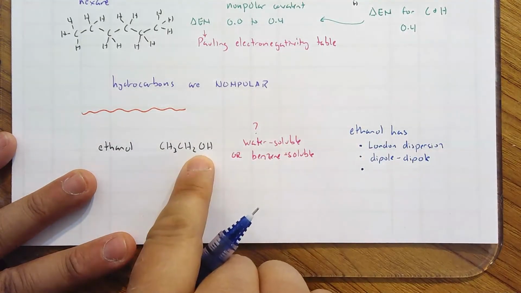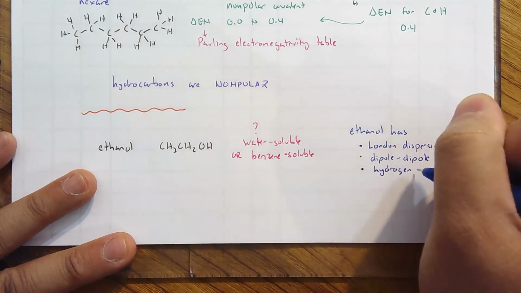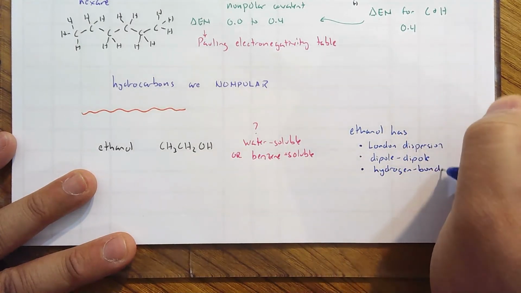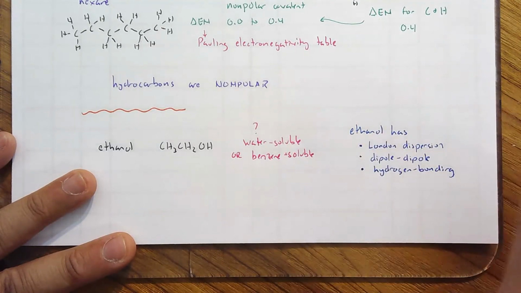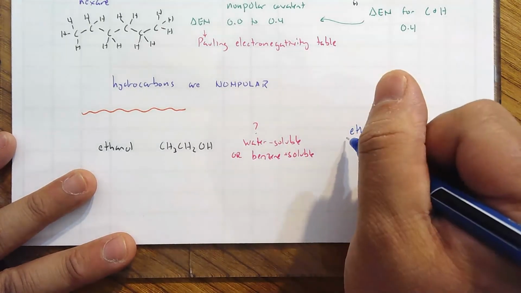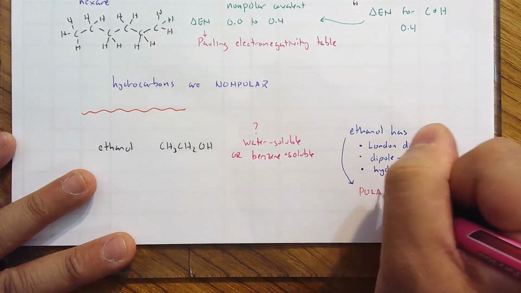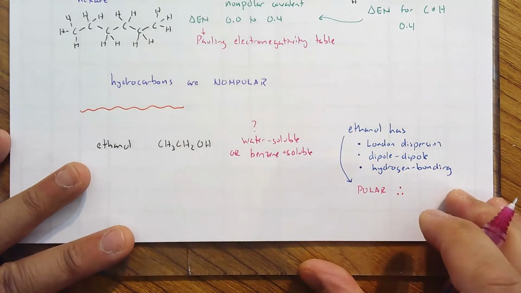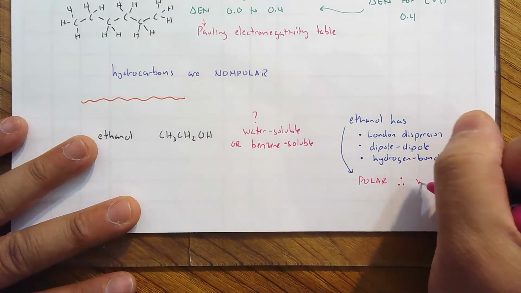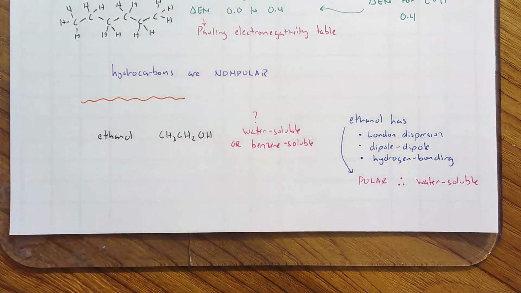And it has OH, hydrogen bonding. The purpose of this is to conclude that this ethanol is polar. And therefore, more water soluble.